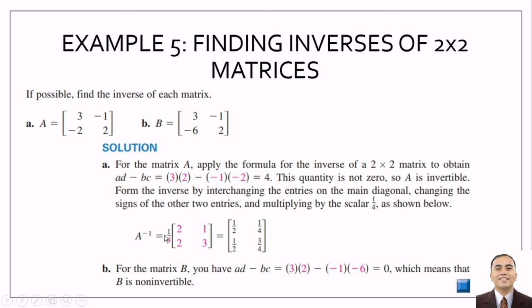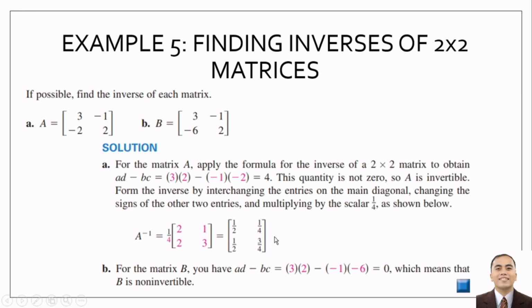Multiplying it by 1/4, it will become 1/2, 1/4, 1/2, and 3/4. Therefore, the inverse of the matrix 3, negative 1, negative 2, and 2 is 1/2, 1/4, 1/2, and 3/4.